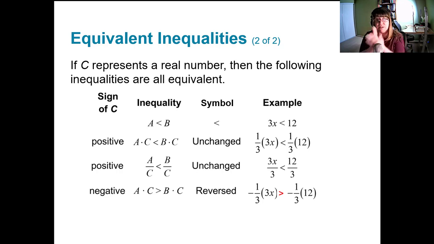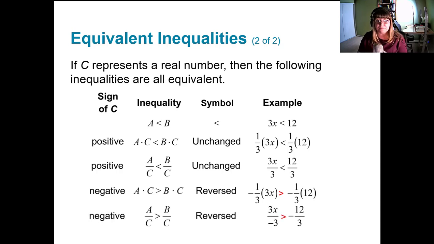So we have to flip that symbol. And this goes along with solving inequalities. Anytime we multiply, and it also applies to division, when we divide by a negative number, we also have to flip the symbol from a less than to a greater than, or a greater than to a less than. It gets flipped.